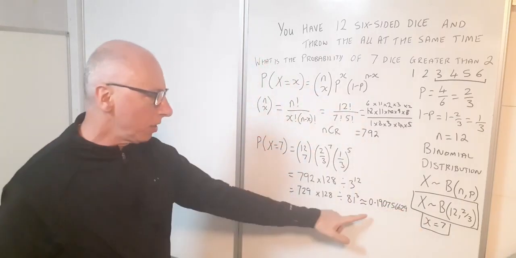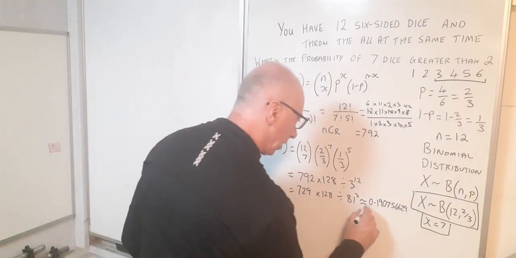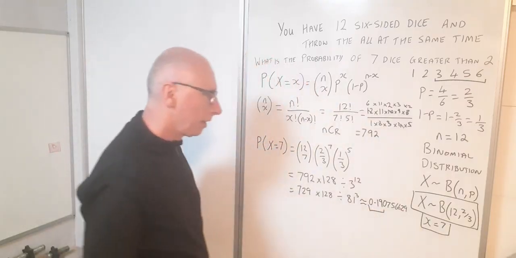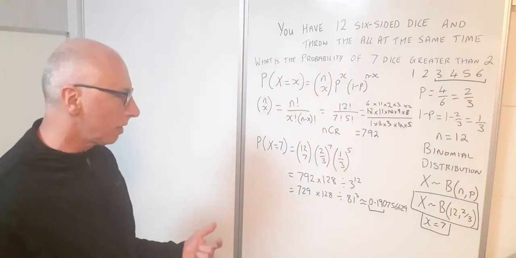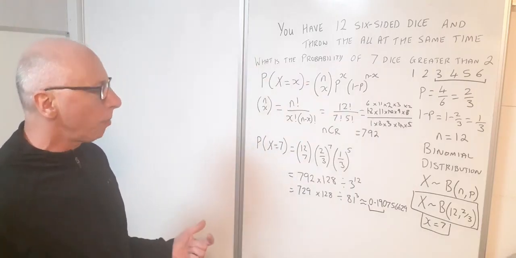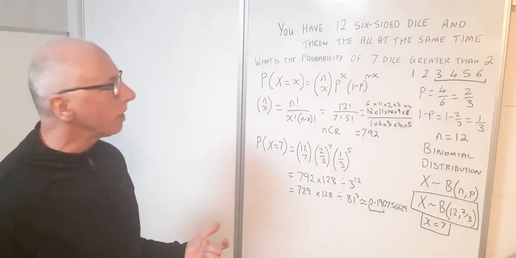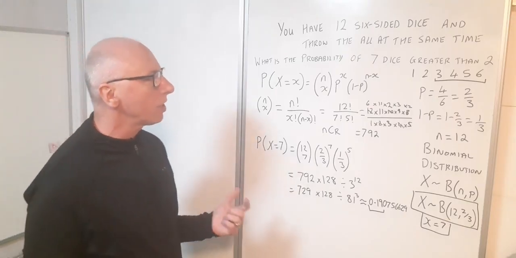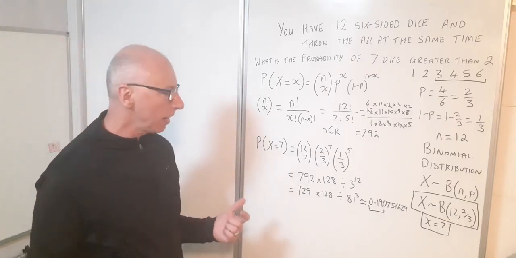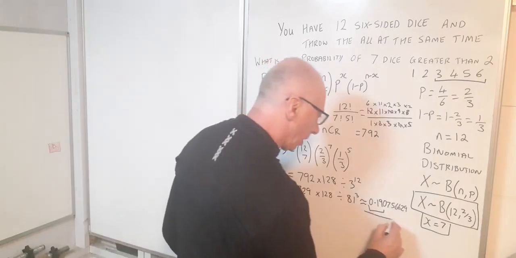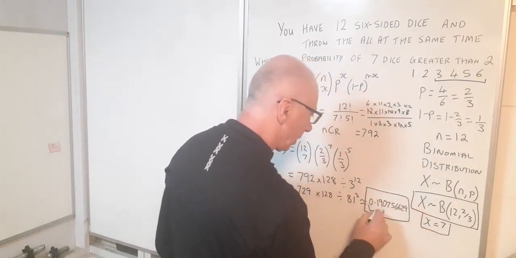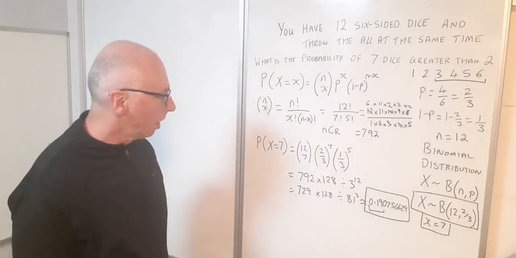We could just put that as 0.19. That would be good enough for me, 0.19 to 2 decimal places. So that's our probability of getting exactly 7 of the 12 six-sided dice to score greater than 2. That would be my final answer, and that's my rounded answer as well.